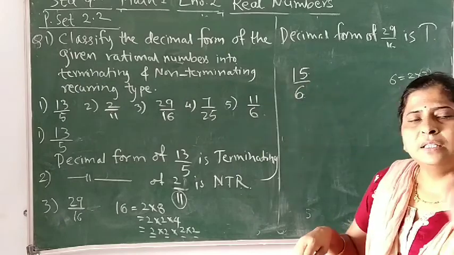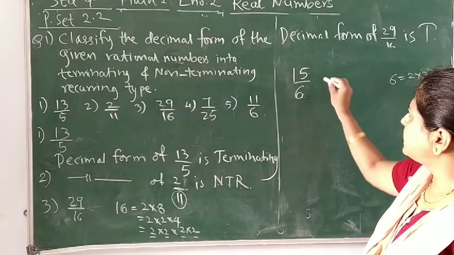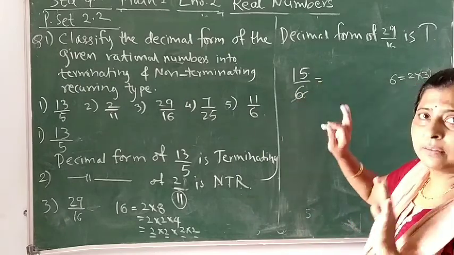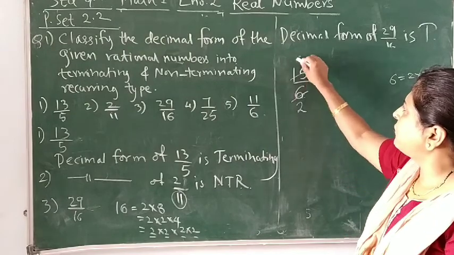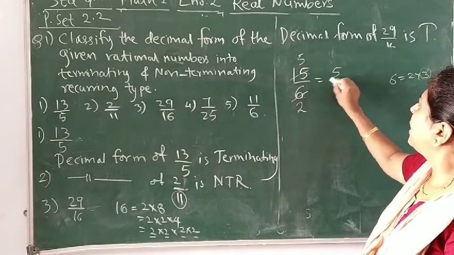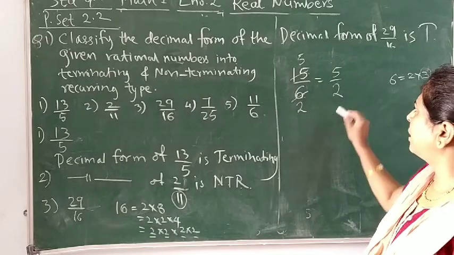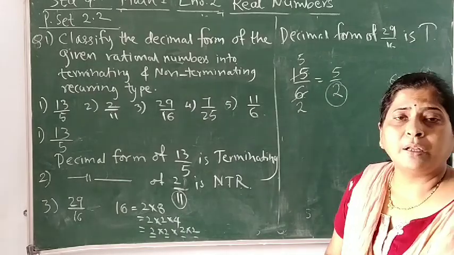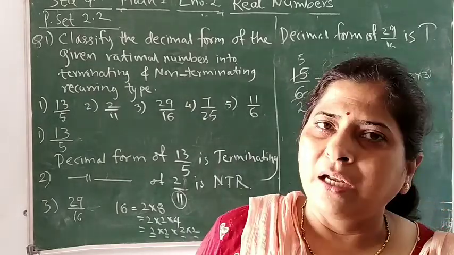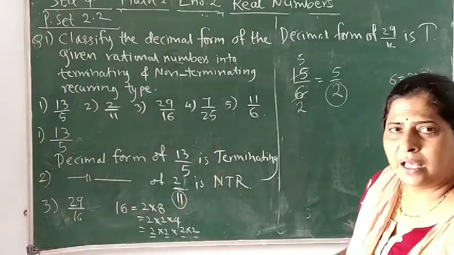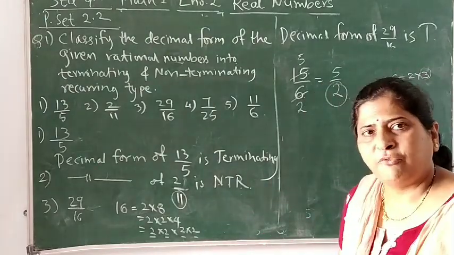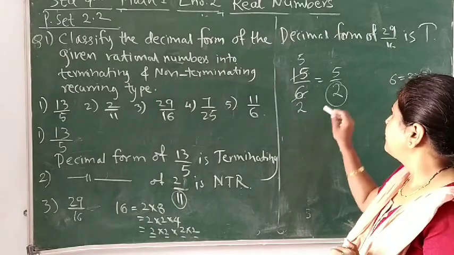Check first whether it is in the lowest form, the reduced form. 15 upon 6 can be divided by 3. 3 2s are 6, 3 5s are 15. So it is 5 upon 2. Now if you check the denominator, it is only 2, and it can be converted into 10. So we can get its decimal form as terminating.